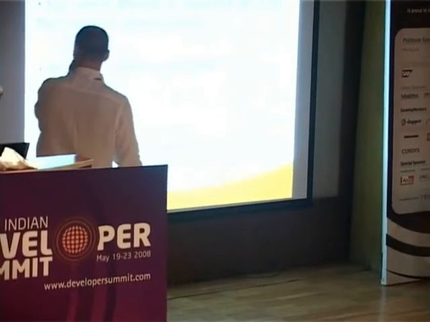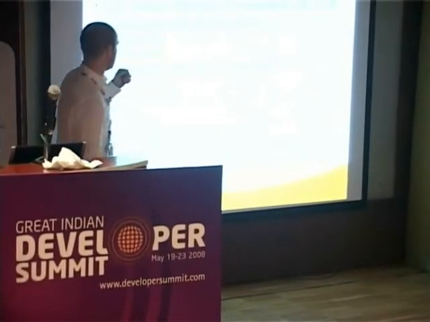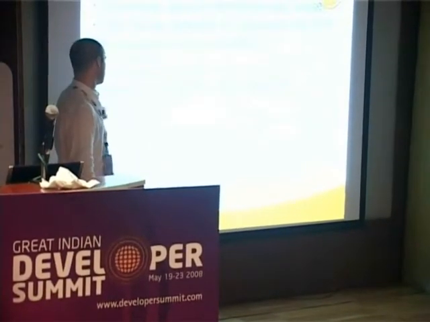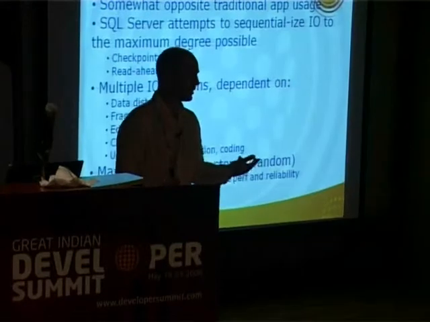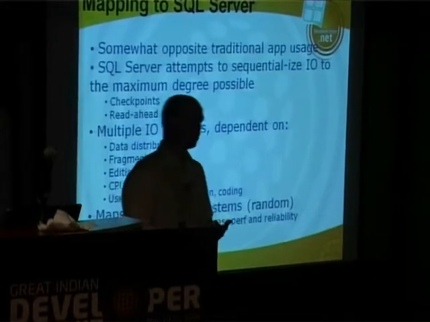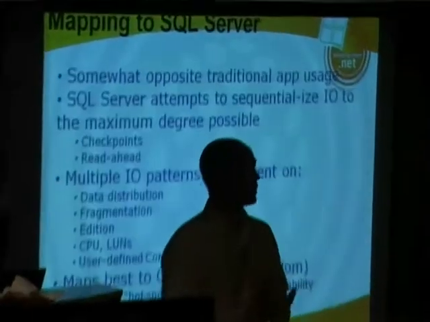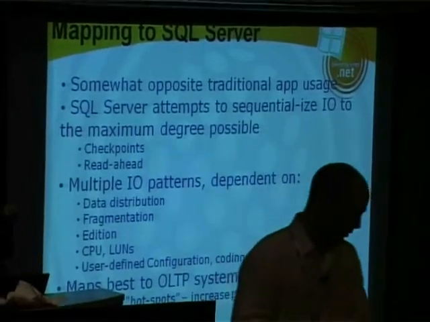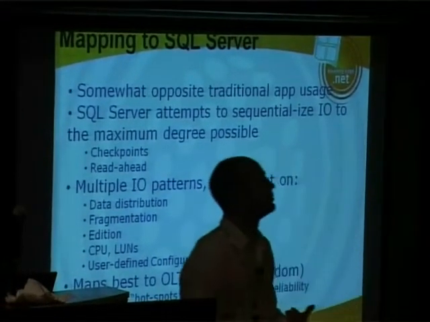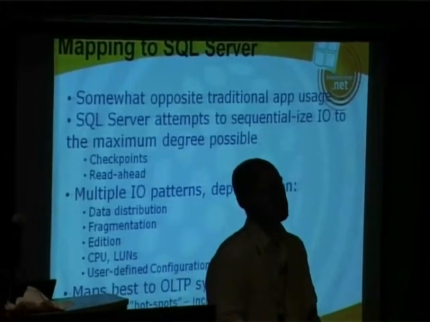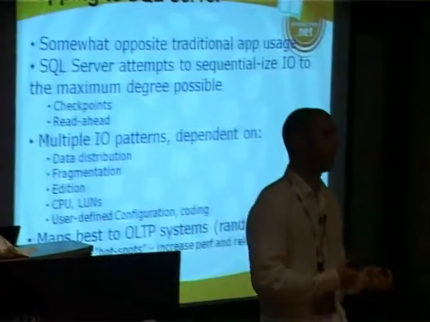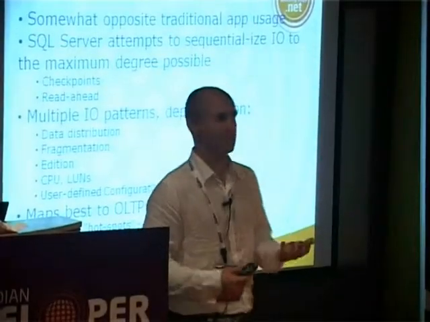And of course, the other issue is that SQL Server is also dependent not only on some things like the types of data that system supports or the distribution of that data, but also things such as fragmentation of the data, the way that a particular user deems to configure the system, or the way that a particular user chooses to write a T-SQL statement even, can have drastic impacts on how SQL Server can and does perform I/O.